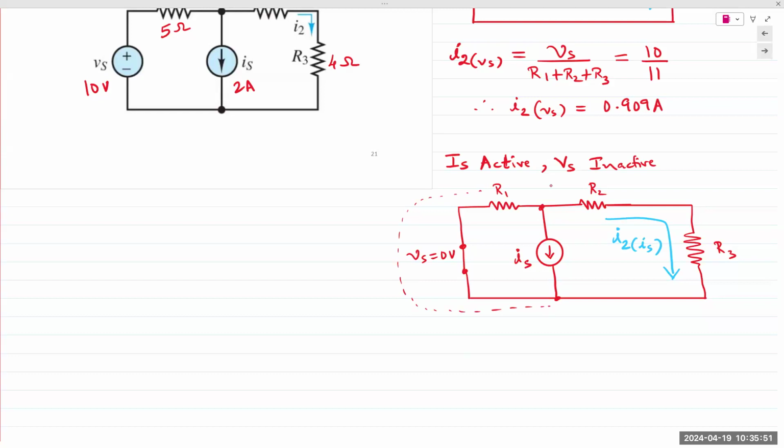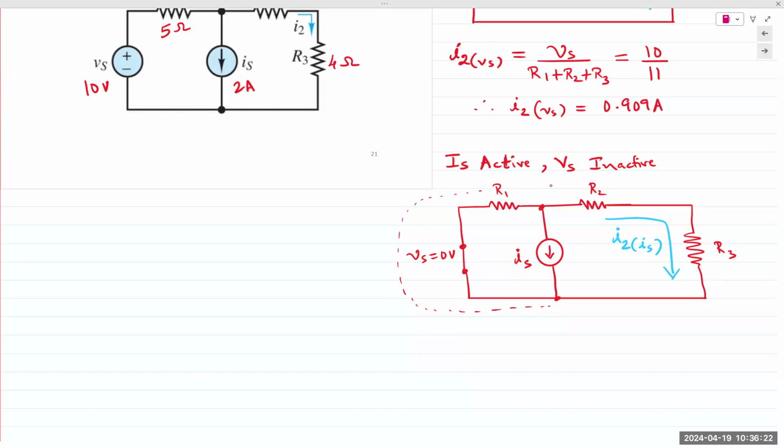How about the combination of R2 and R3? So combination of R2 and R3 in series is R2 plus R3. You can reduce that to a single resistance, and that single resistance is also in parallel with IS. You can redraw the circuit one more time, two resistors in parallel. So current source IS, two parallel resistor branches in parallel with IS.